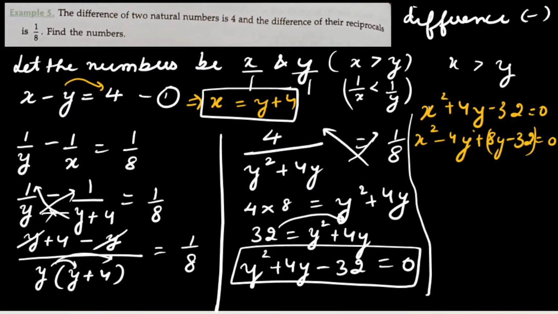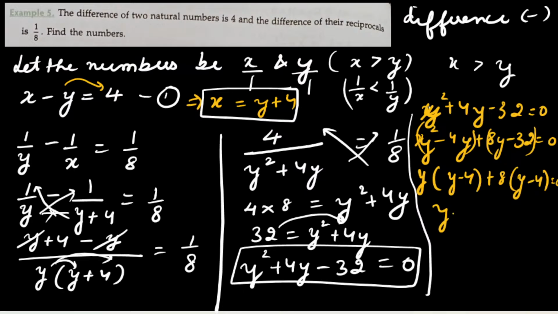So this is one pair, this is one pair. So this is y square, so y I am taking common. Y into y minus 4, plus 8 we can take common, y minus 4 equals 0. So y plus 8 into y minus 4 equals 0.